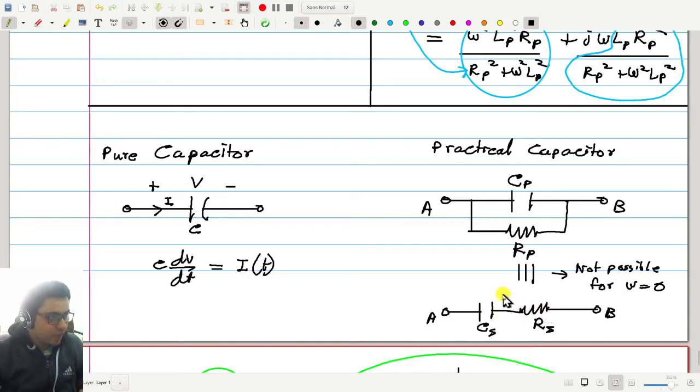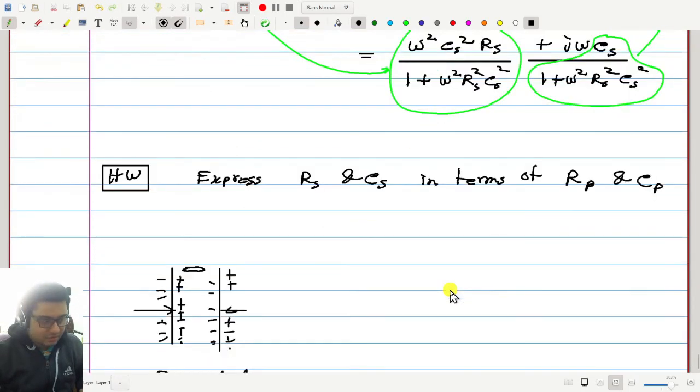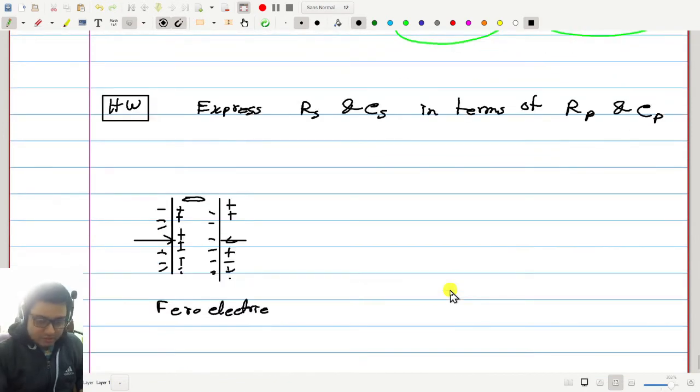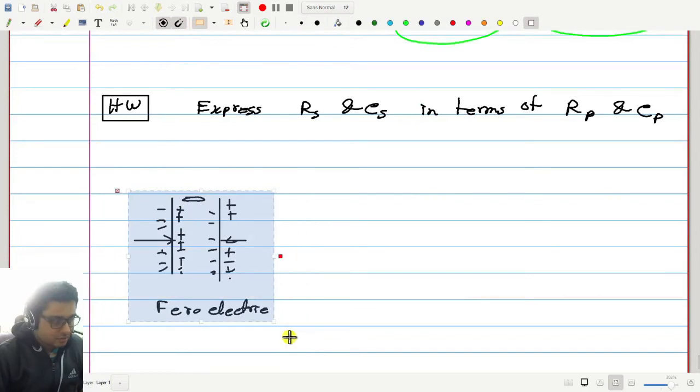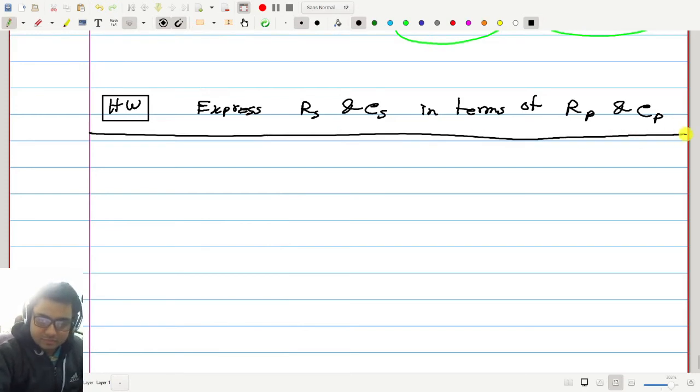Yes, Ovijit, you have raised your hand. One more thing, we have already studied that directly connecting the voltage source with the capacitor is a problem.